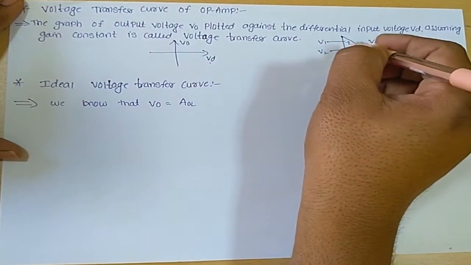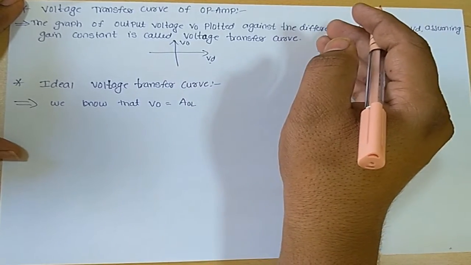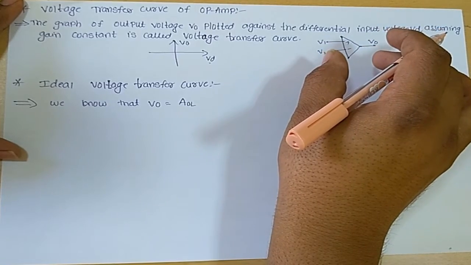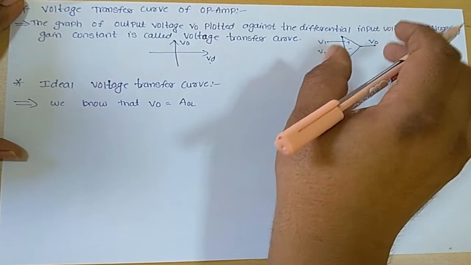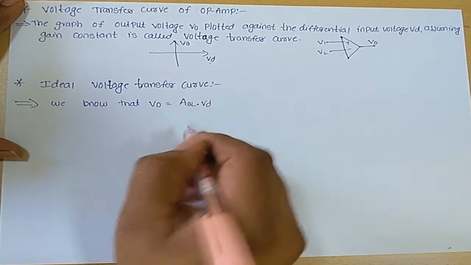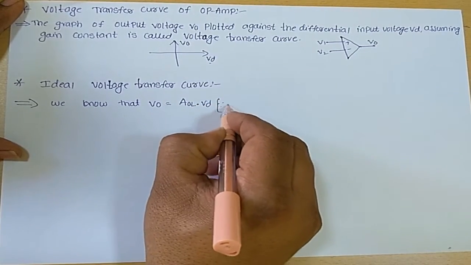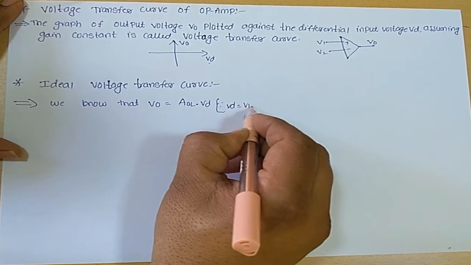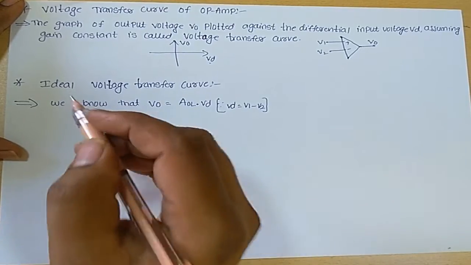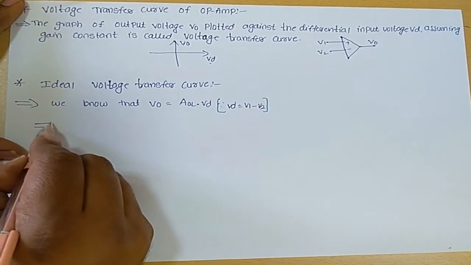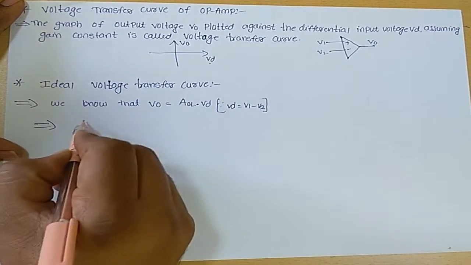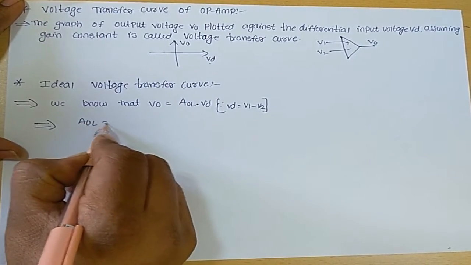It means that this operational amplifier does not have any feedback path. Therefore, we consider this an open loop operational amplifier. This amplifier offers the gain AOL into the differential voltage, and we know that the differential voltage Vd equals V1 minus V2. Clear? One more important point is that for the ideal operational amplifier, the open loop gain AOL equals how much?